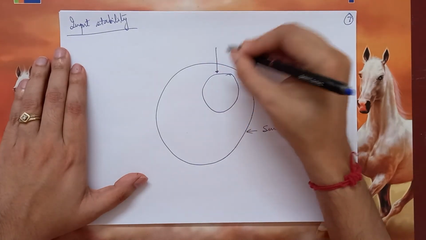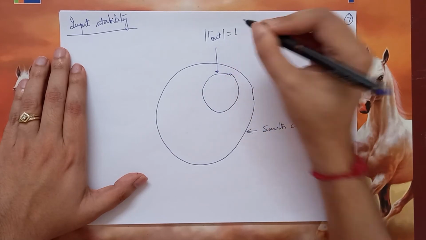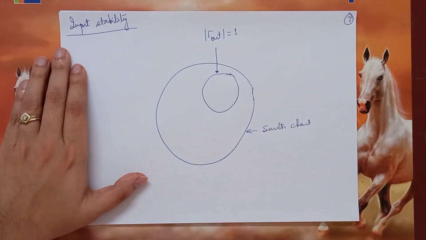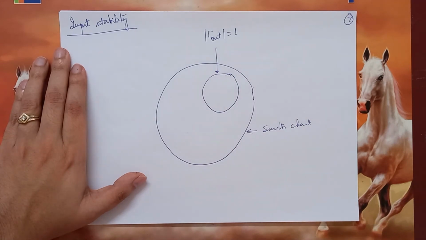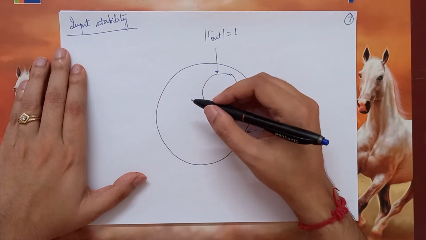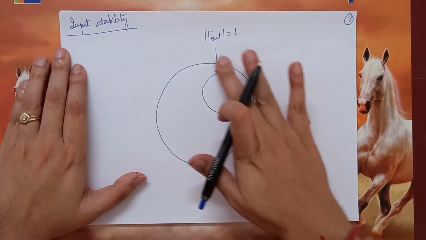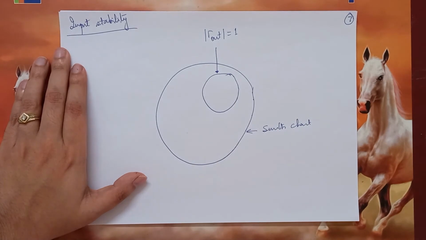This indicates mod gamma out equal to 1, this trajectory. This trajectory indicates just that. Now, what would happen is that if mod S22 is less than 1, then this larger area outside the stability circle inside the Smith chart would be stable.